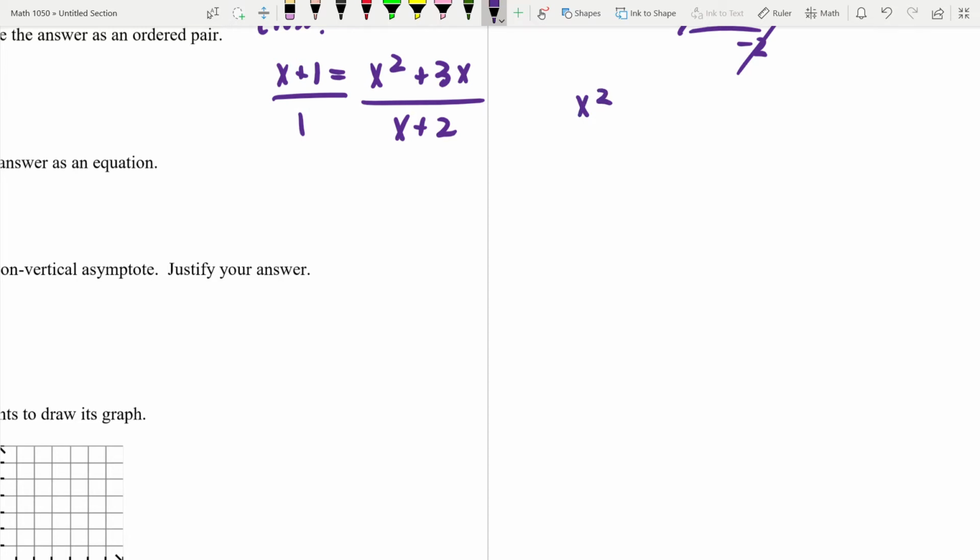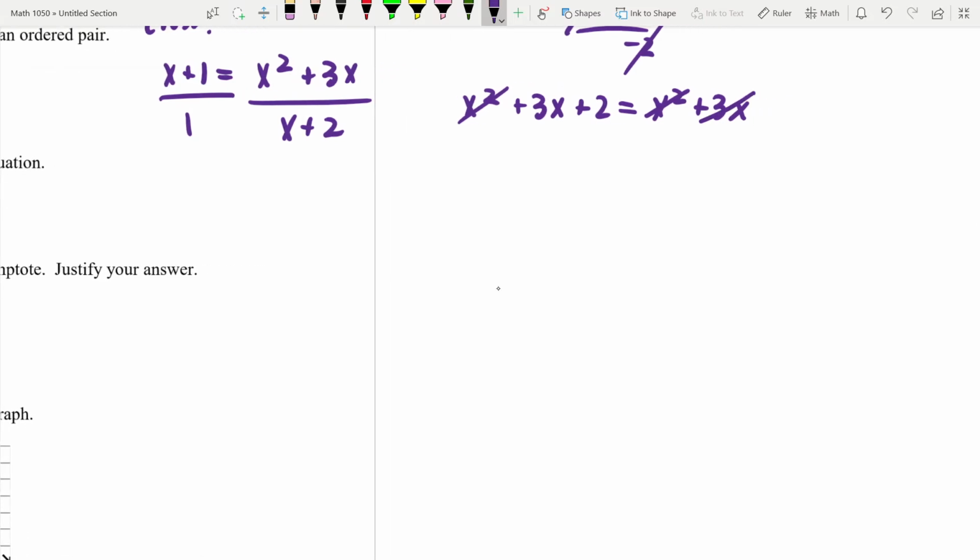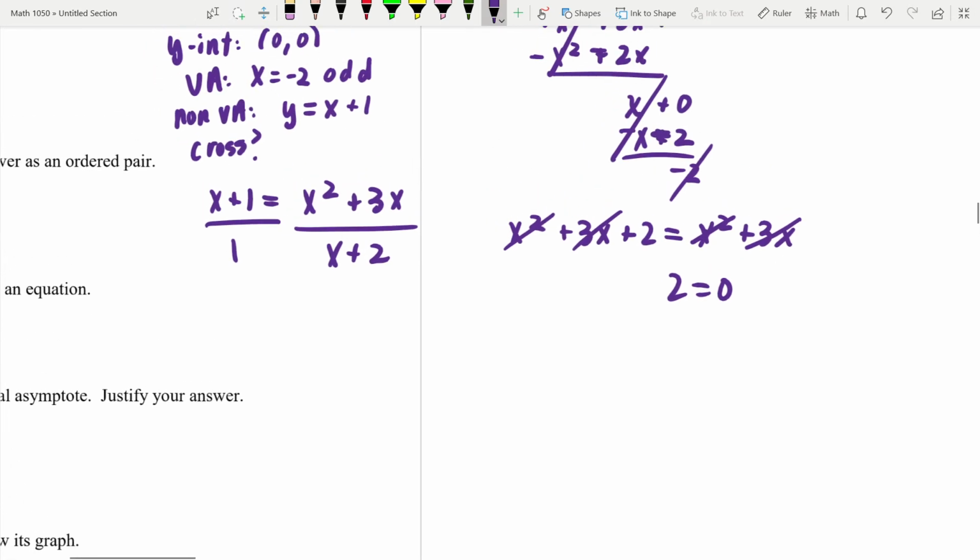You have to FOIL x plus 1 times x plus 2. You get x to the second plus 3x plus 2. Cross multiply the other way, you get x to the second plus 3x. I just cross multiplied is all I did. This x to the second comes over and knocks that one out. This 3x comes over and knocks that one out. I have 2 equals 0. What's the answer? No.